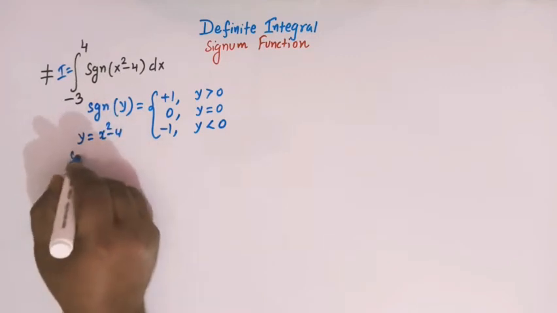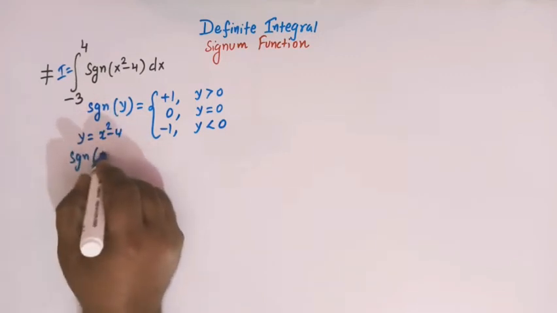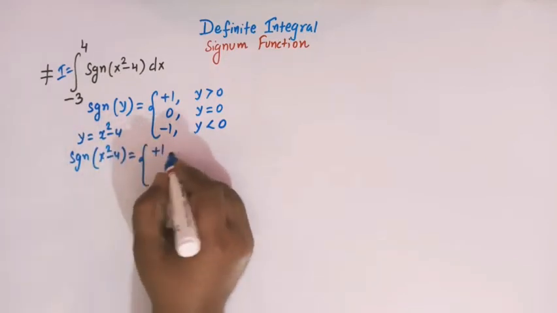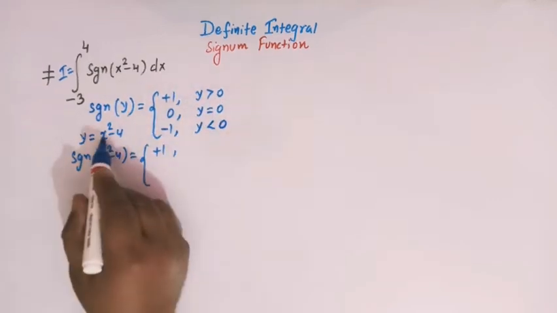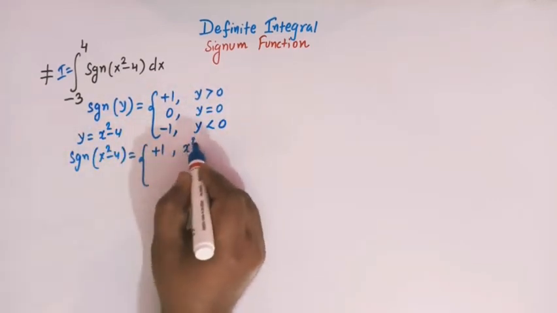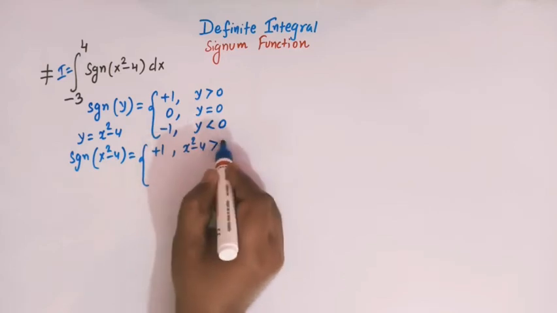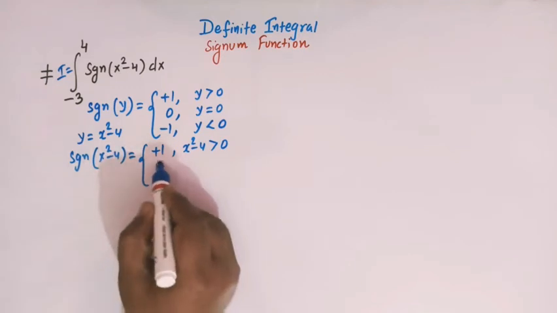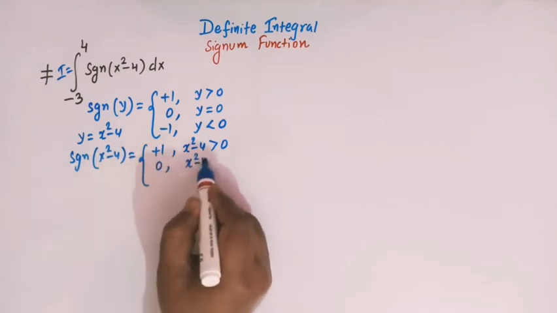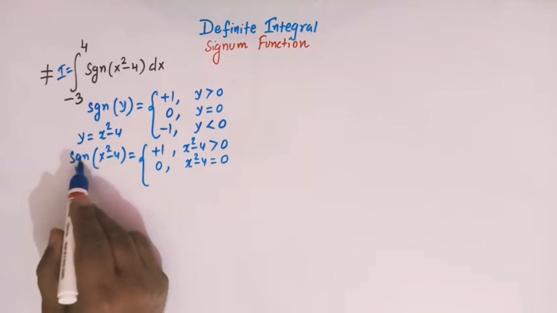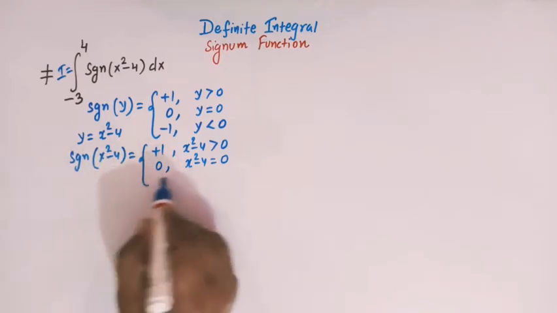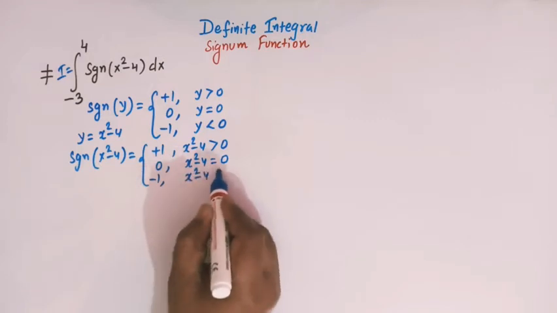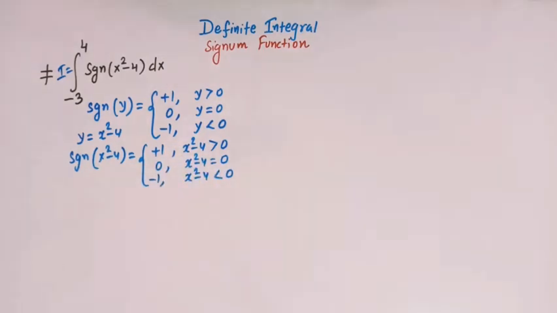Then we can write the definition of signum of x square minus 4 as +1 whenever x square minus 4 is greater than 0, 0 whenever x square minus 4 is equal to 0, and -1 whenever x square minus 4 is less than 0.